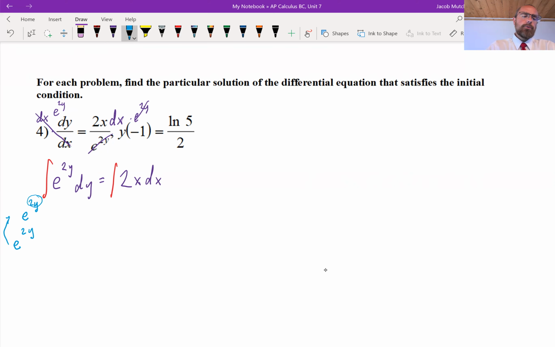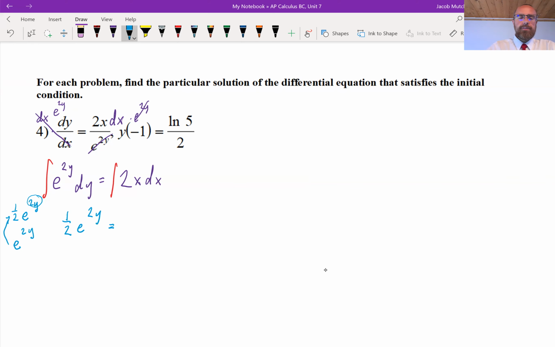If I use the chain rule, that's going to differentiate as 2e to the power of 2y. So I need to cancel that 2 by multiplying by a half. So our antiderivative of e to the power of 2y is going to be 1/2 e to the power of 2y.